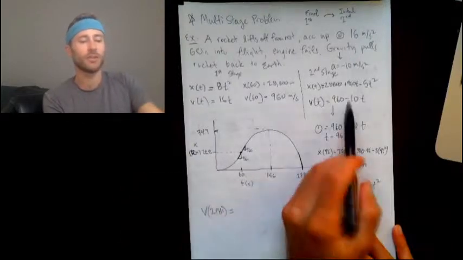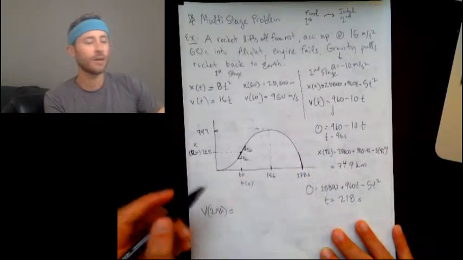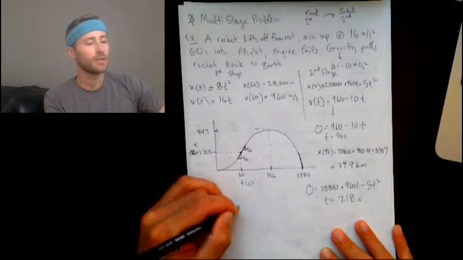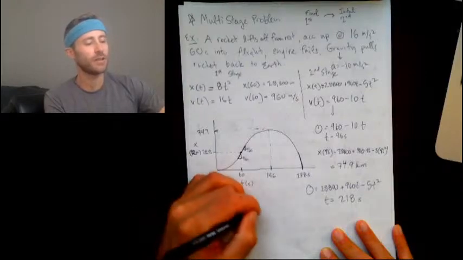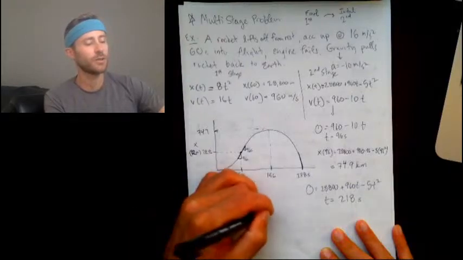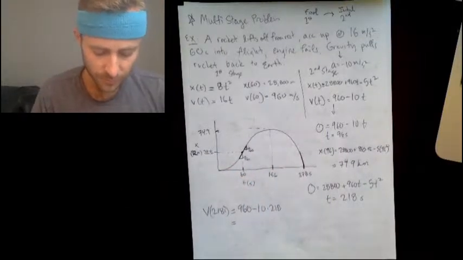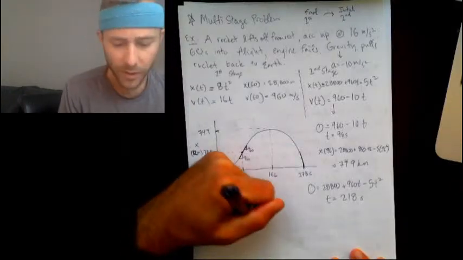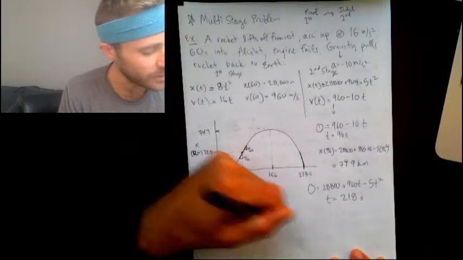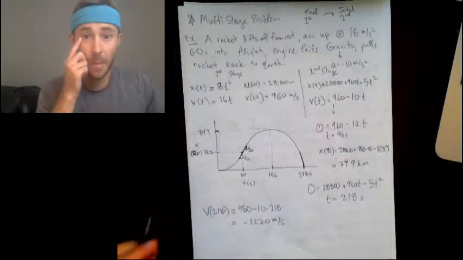So going to this equation, we have 960 minus 10 times 218. That's negative 1,220 meters per second.